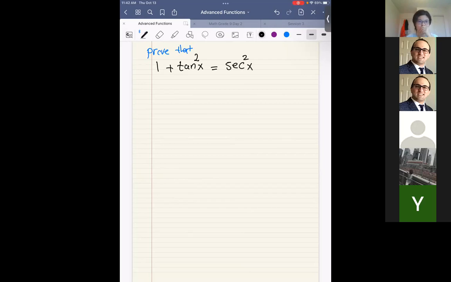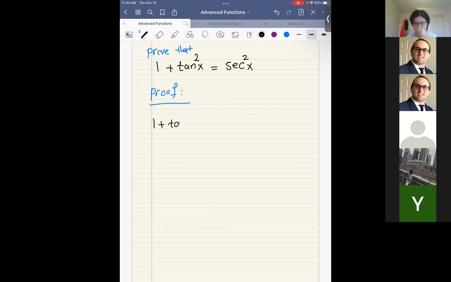So let us prove this identity. You can start from either side. I prefer to start from the left-hand side.